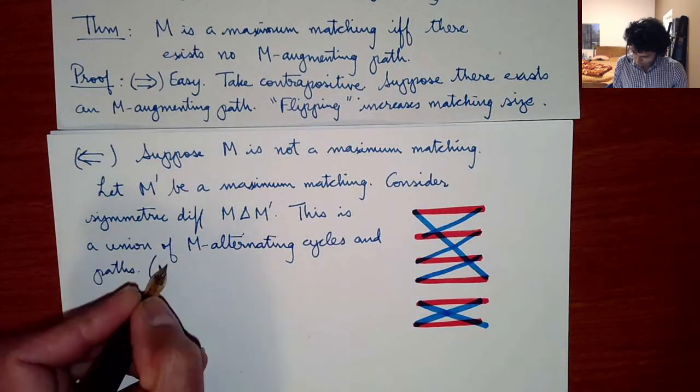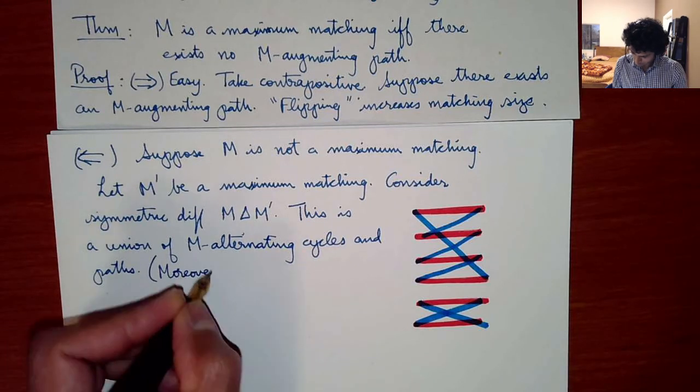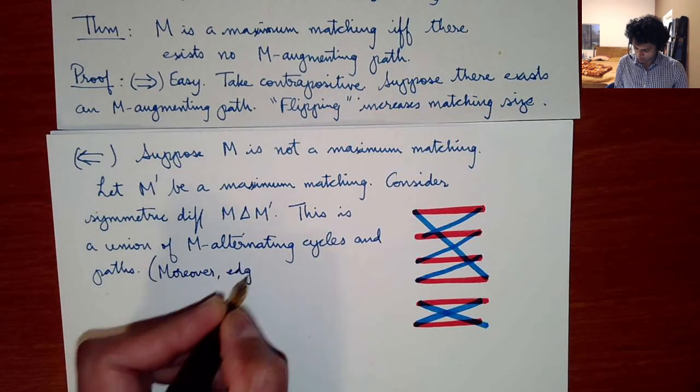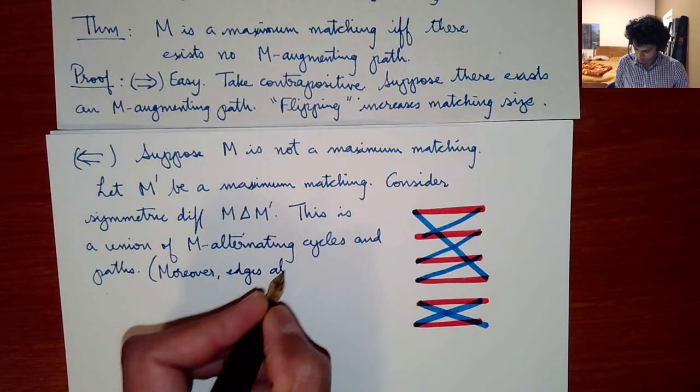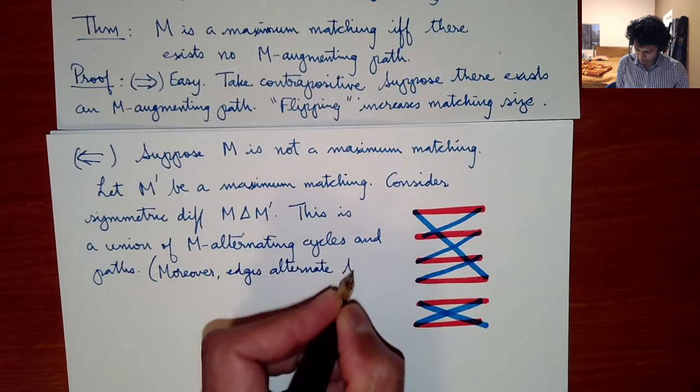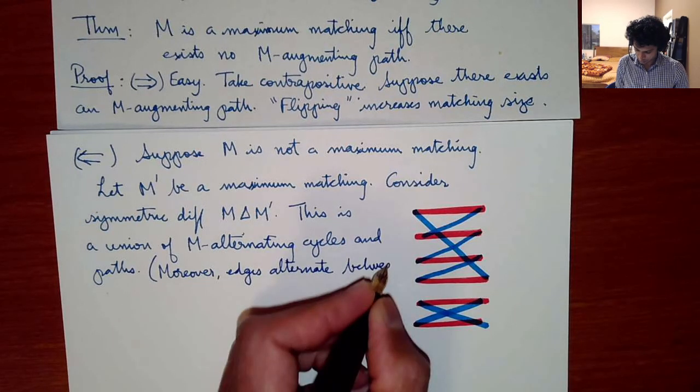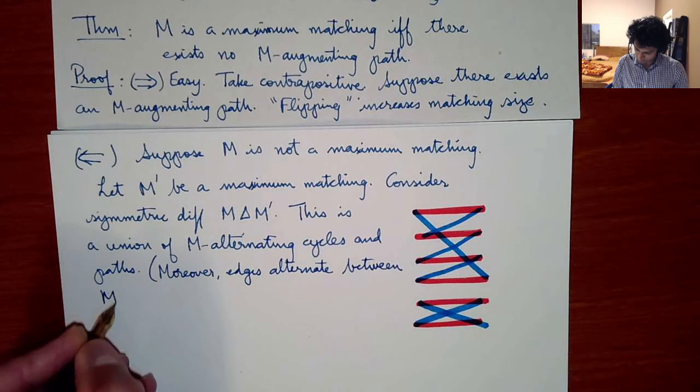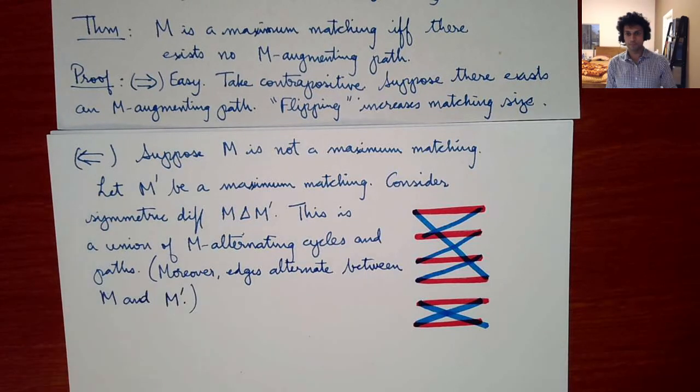Moreover, the edges alternate between M and M prime. Right? So you have a union of alternating paths and cycles. That's an exercise. You should argue that out, but hopefully the picture convinces you.